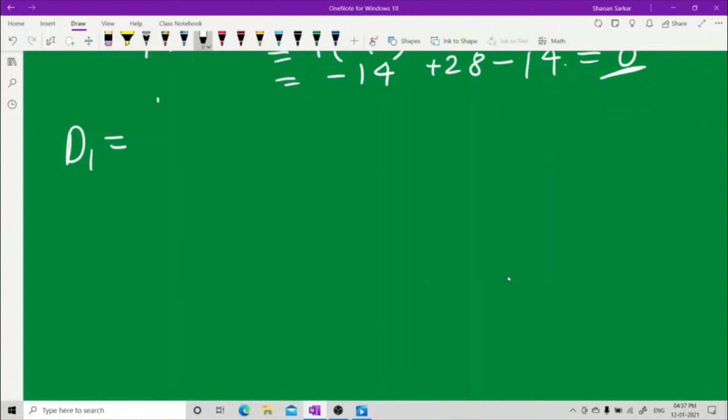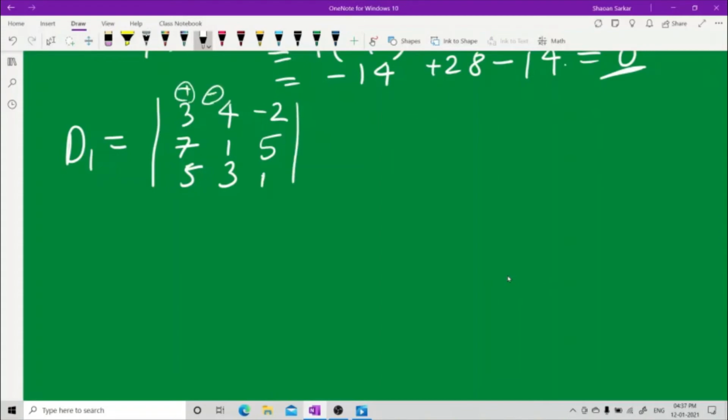D1 is basically your 3, 7, 5, and you have 4, 4, 1, 3, and then you have minus 2, 5, and your 1. Let us see what happens. Plus, minus, and plus sign. Now with this 3, you have 1 minus 15, then you have minus 4. If you hide the first row and the second column, you have your 7 minus 25.